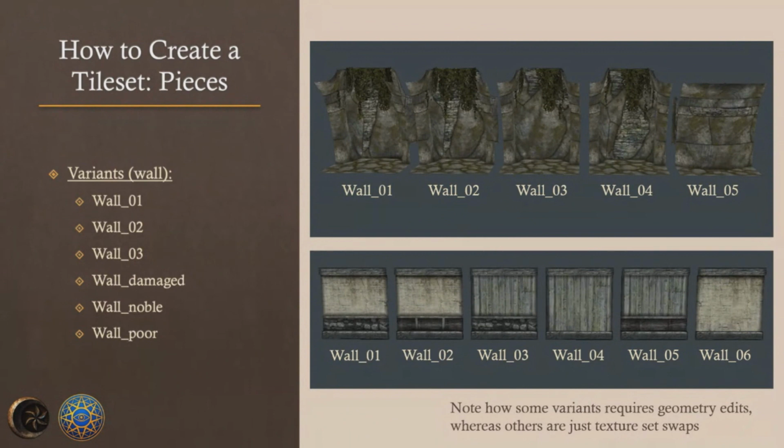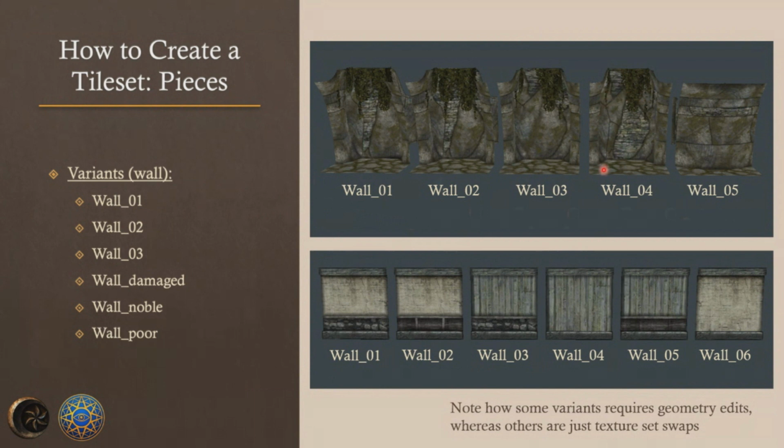Okay, and then you'll have variants of everything. I mentioned these in the Skyrim Nordic tile set. Just for these small rooms, you have 5 different wall variants. Notice how some of these are different: this crack is a little different from that crack, and this one doesn't have any crack.